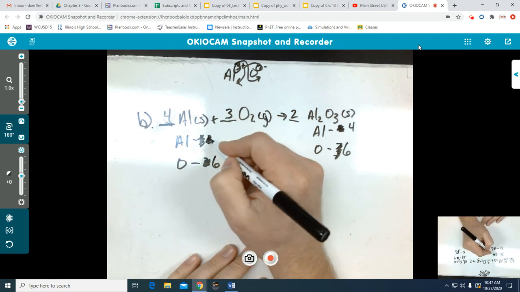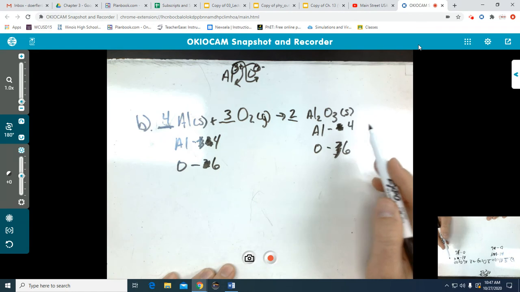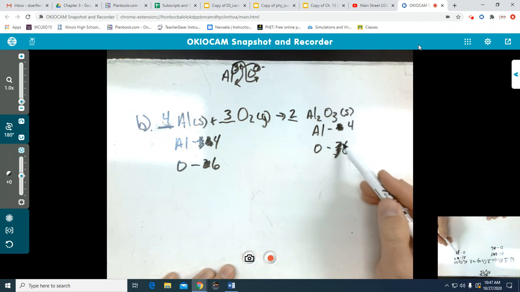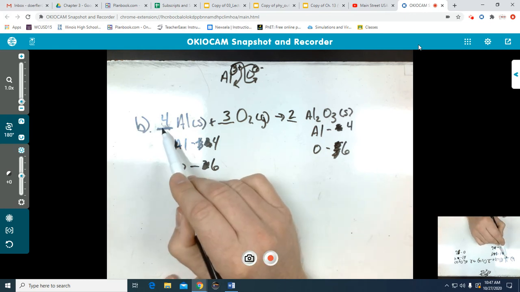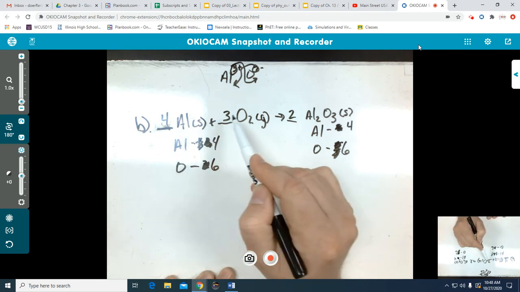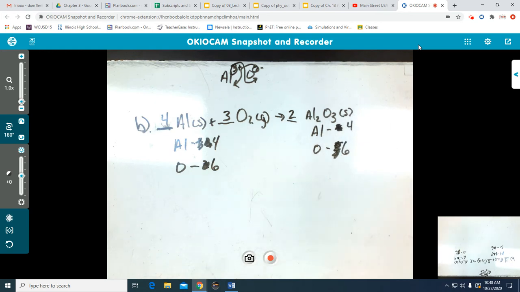So I've got 4 aluminums on the left, 4 on the right, 6 oxygens on the left, 6 on the right. So place a coefficient of 4 in front of the aluminum, 3 in front of the O2, and 2 in front of the aluminum oxide. And that is how you balance a combination reaction.